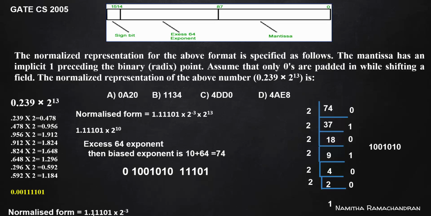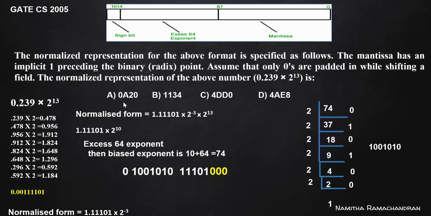And the normalized mantissa is 11101. This is actually 5-bit form, but we need total 8-bit mantissa. So we can append 3 more 0 to the right hand side in order to make this mantissa field 8-bit.